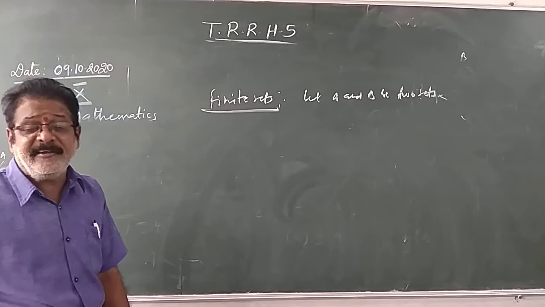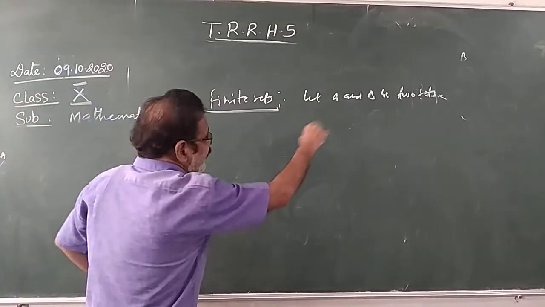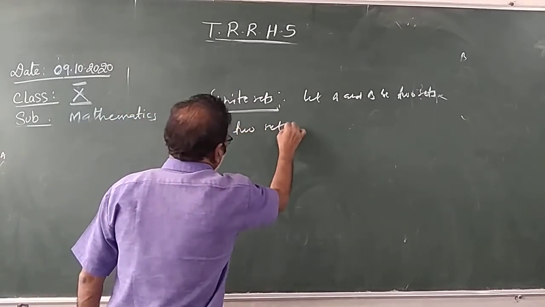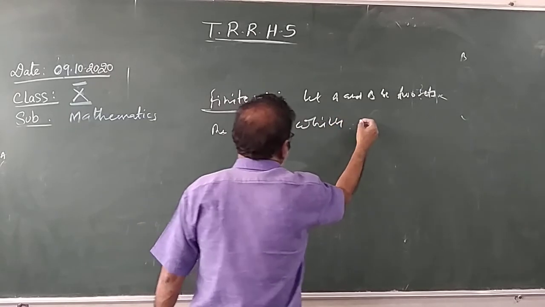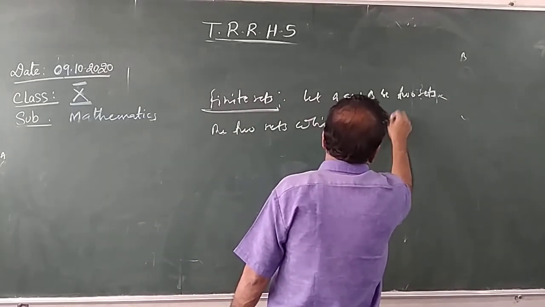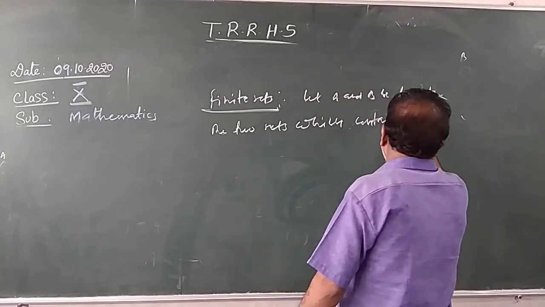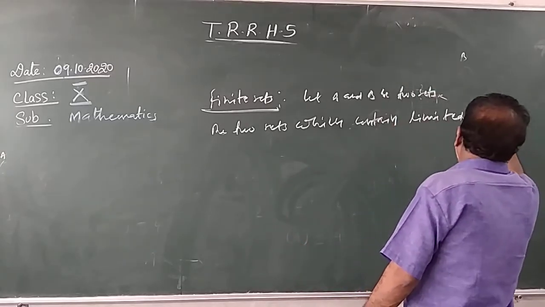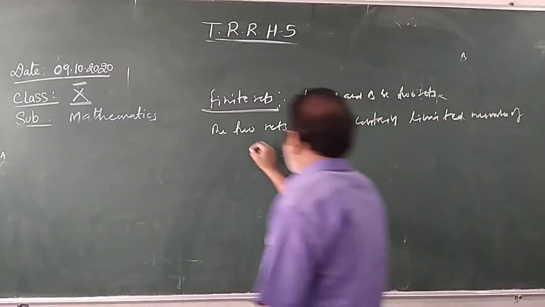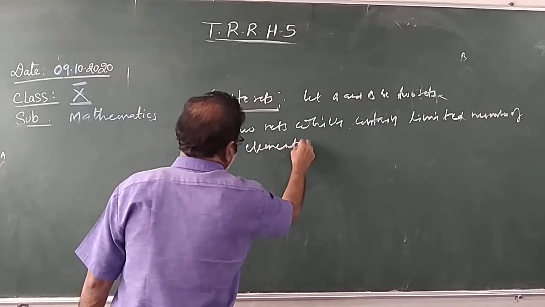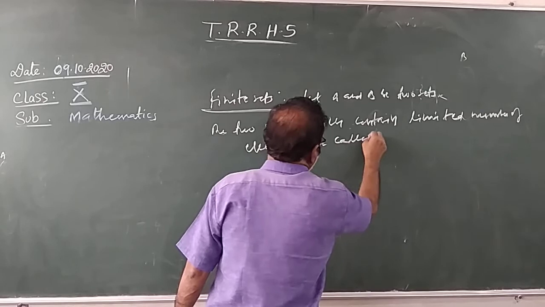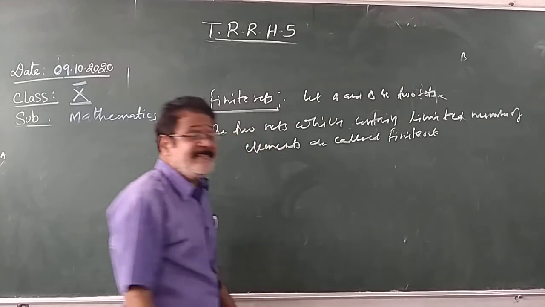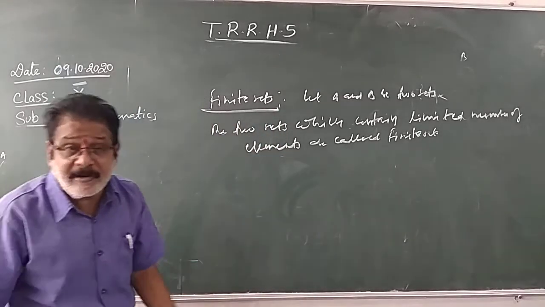The sets which contain a limited number of elements are called finite sets. Limited means some limit. What are finite sets? The sets which contain a limited number of elements.